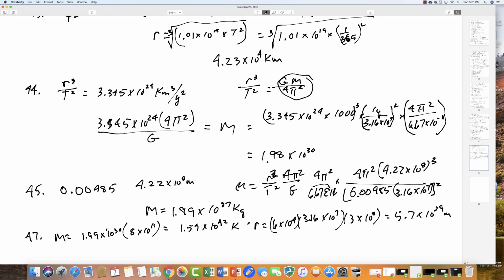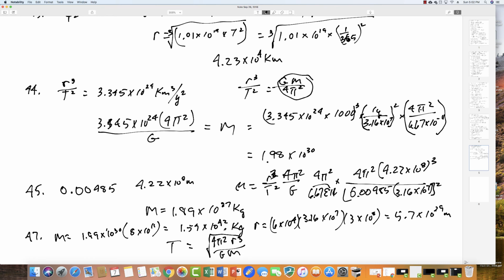So you have this mass and this radius. If you rearrange this formula right here to calculate T, you get the following. It's going to be the square root of 4 pi squared times r cubed divided by GM.